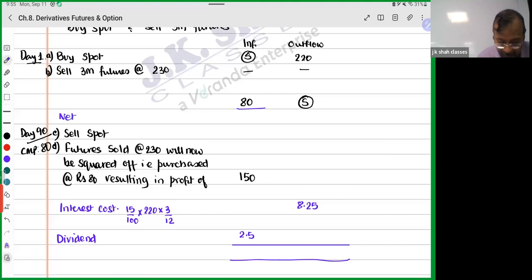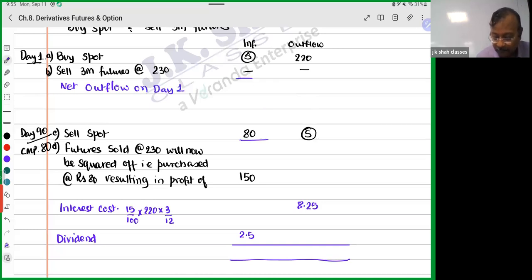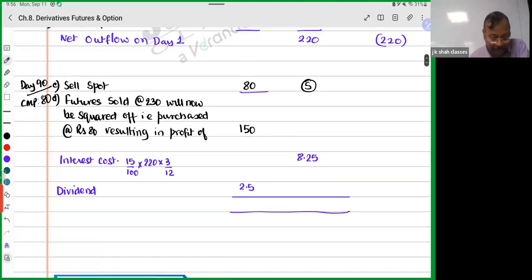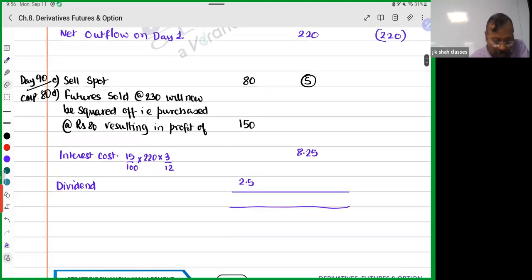Net outflow on day 1. अच्छा. Now, can you just calculate the net inflow or outflow on day 90?